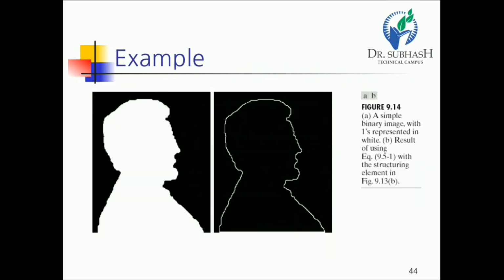A simple binary image can be represented with ones as white, and zeros represented as black.